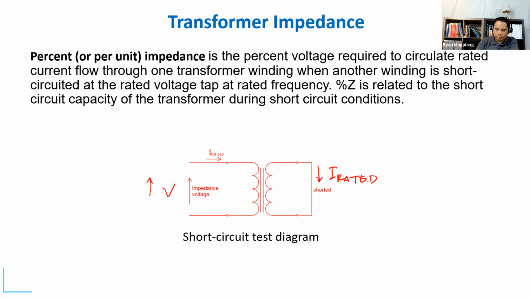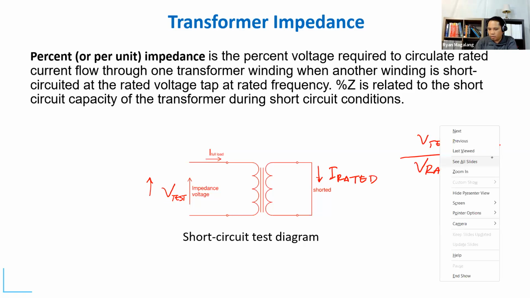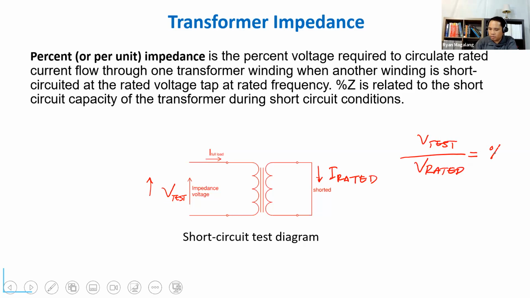And when that happens, you mark that voltage, whatever that V test voltage, and that V test voltage, when divided by the V rated, is essentially equal to your percent impedance. That's equal to your percent impedance.